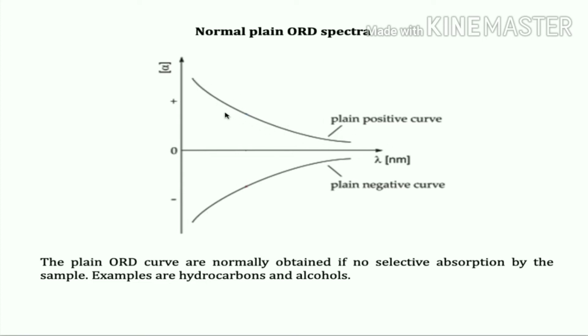So this is a positive plain ORD curve and this is a negative plain ORD curve. And these plain ORD curves are normally obtained if there is no selective absorption by the sample. Examples are hydrocarbons and alcohol. So if there is no absorption, you are going to get a normal ORD curve.